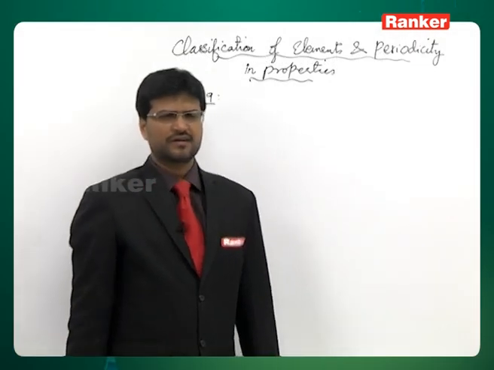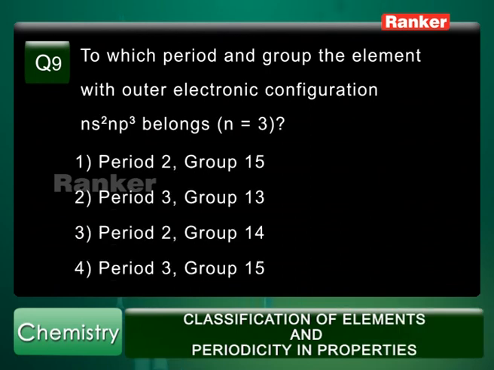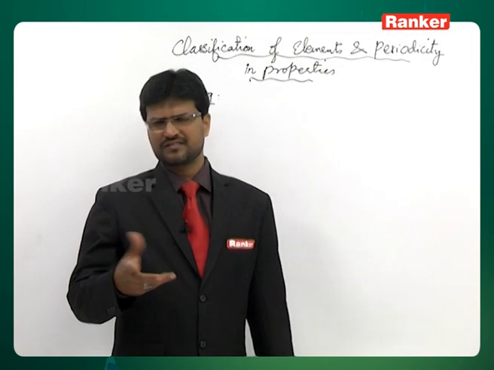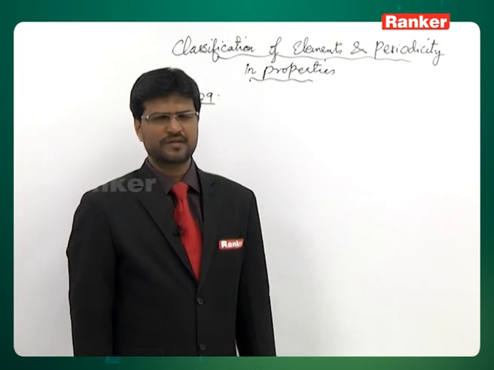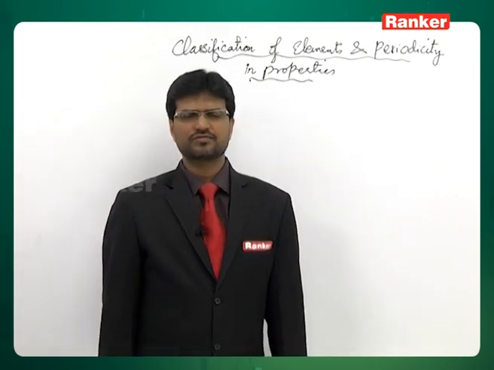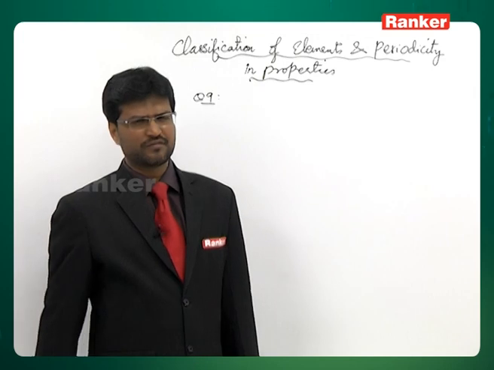Question number 9. To which period and group does the element with outer electronic configuration ns2 np3 belong when n is 3? See, when we say n is 3, it is obvious that it belongs to the third period. And when it comes to group number, we need to simply add the number of valence electrons.